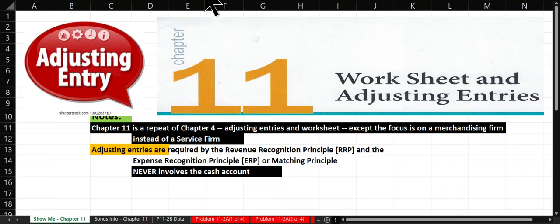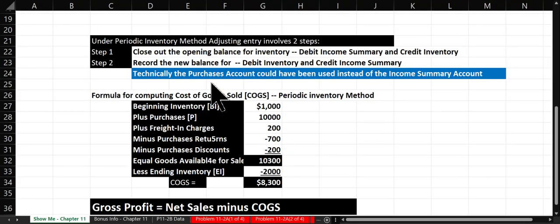Remember from the previous chapter that there are two primary ways that inventory can be tracked.